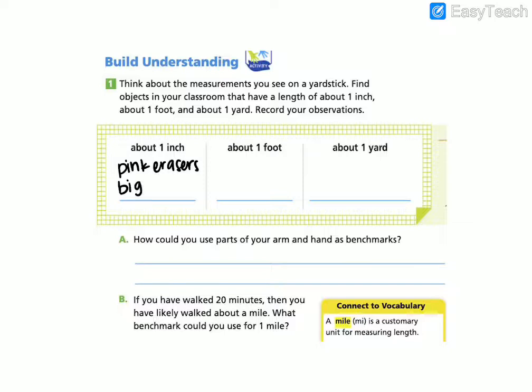If you have a big paper clip in front of you, that's also about 1 inch. Okay, so let's think about something that's about 1 foot long. One thing that might be about 1 foot long is the math book that you're using right now. Think about one other thing that's about the size of your math book.